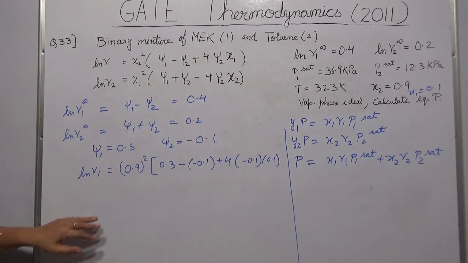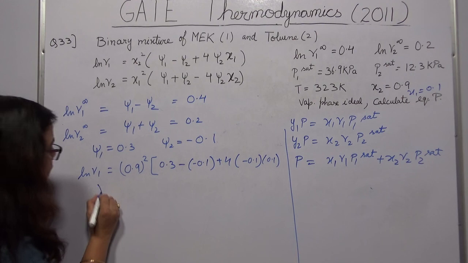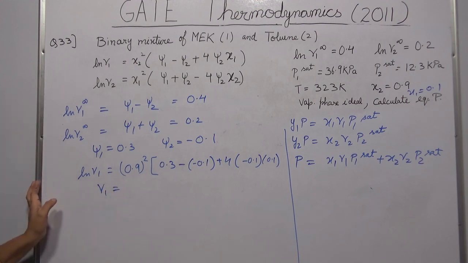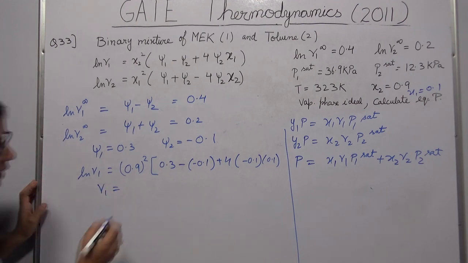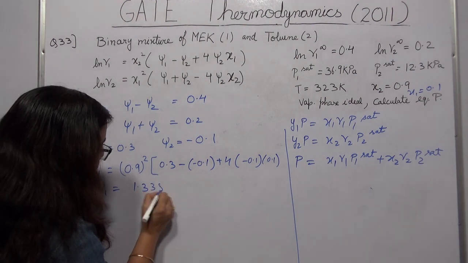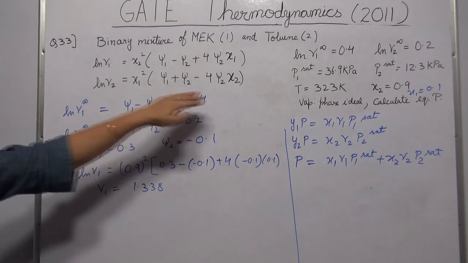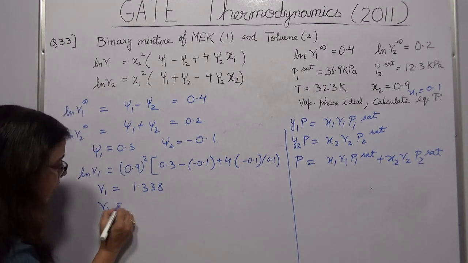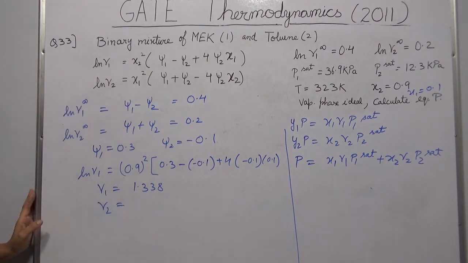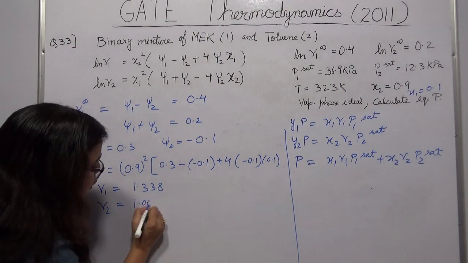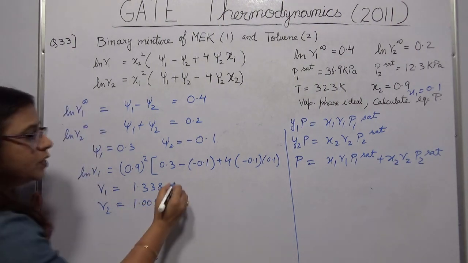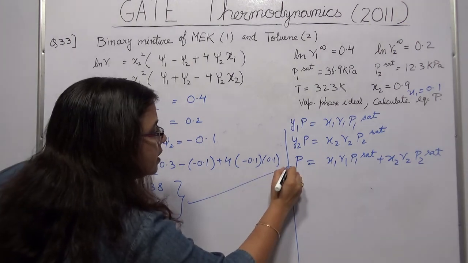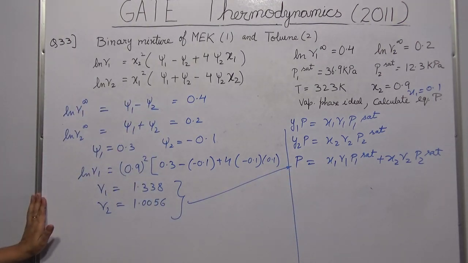Just go ahead and solve it for gamma 1 and you will get the value of gamma 1 as 1.338. Similarly, put the values of x1, x2, psi 1 and psi 2 in this, and from that calculate your gamma 2 value, and the gamma 2 value comes out to be 1.0056.